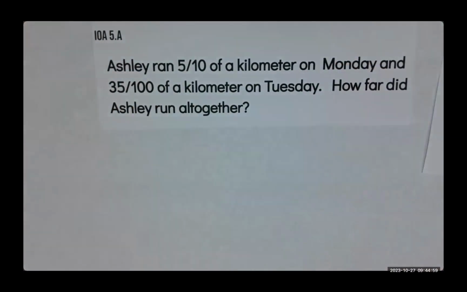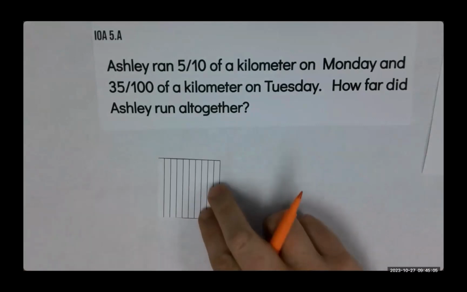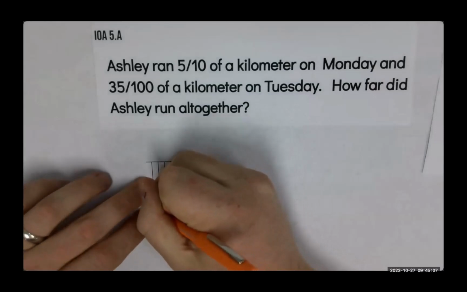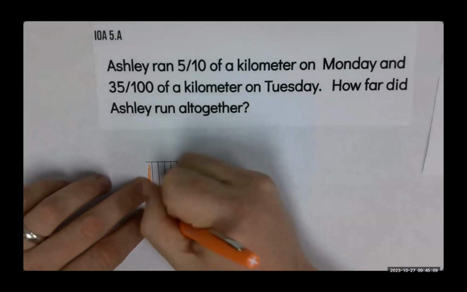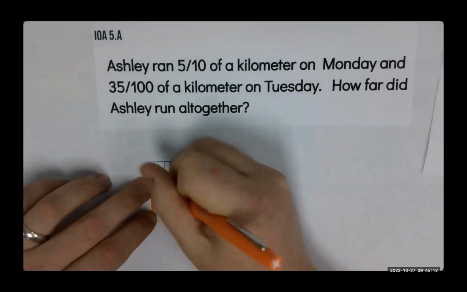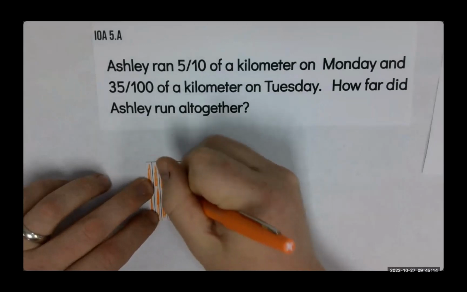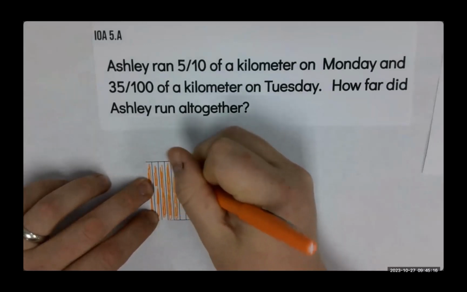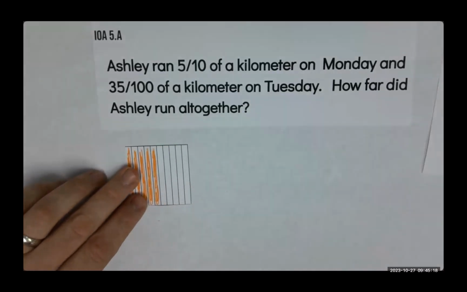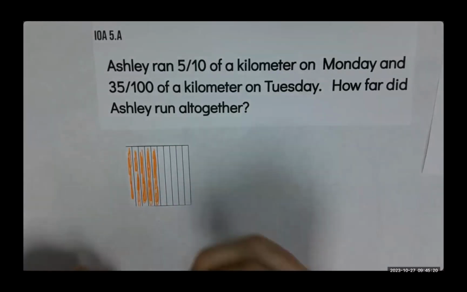So to model with decimal grids, I'm going to shade in the amount that Ashley ran on Monday, which we know on Monday, she ran 5/10. So I'm going to shade in 5/10. There's 5/10 shaded in for Monday.